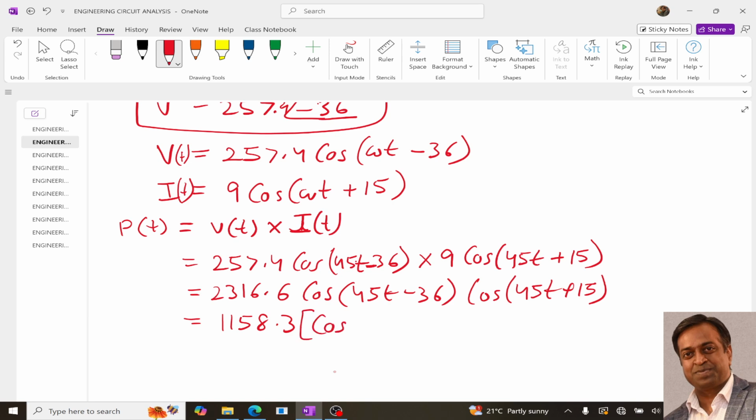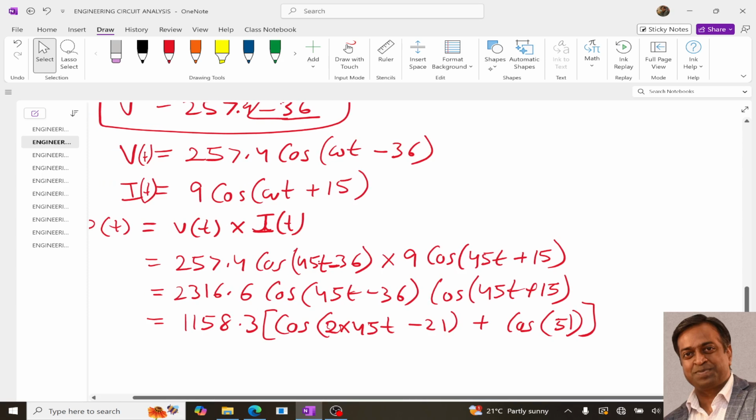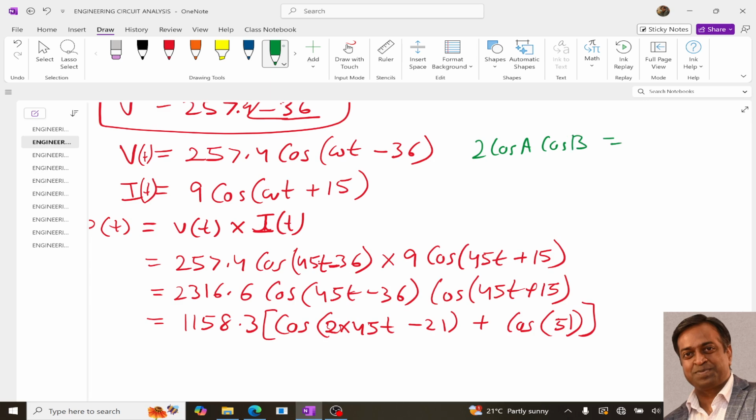Applying trigonometry, we get cos 2 into 45t minus 21 plus cos 51. How do we get this? We know the formula that 2 cos a cos b equals cos a plus b plus cos a minus b.